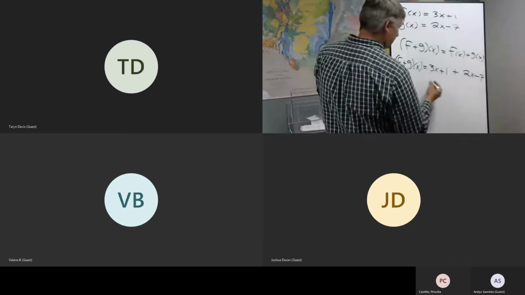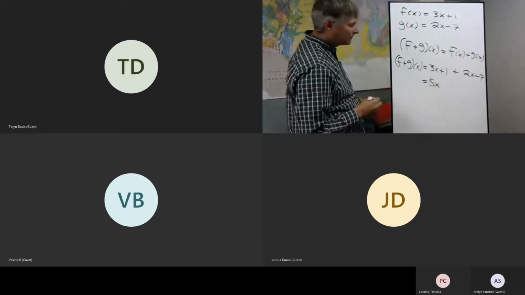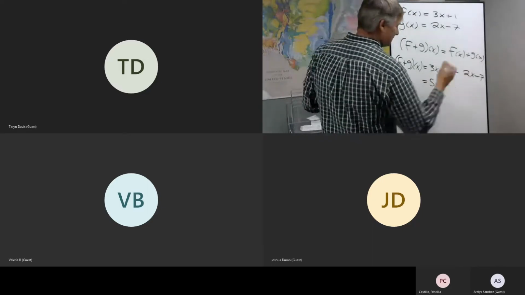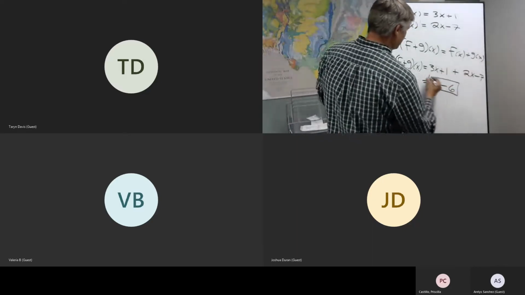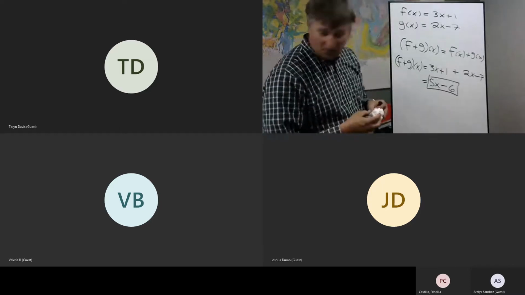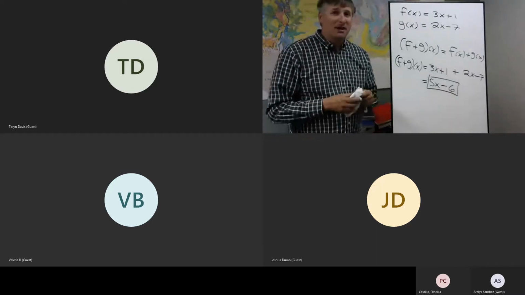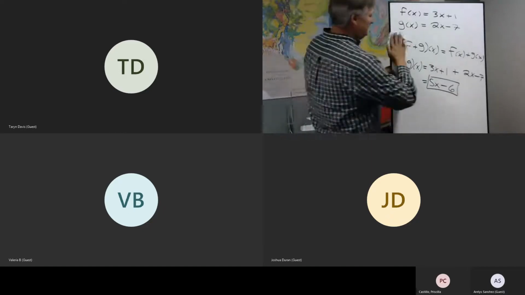So 3x and 2x, those will add to 5x. 1 and -7 will be -6. And that's going to be our answer. So any questions about that? All right.